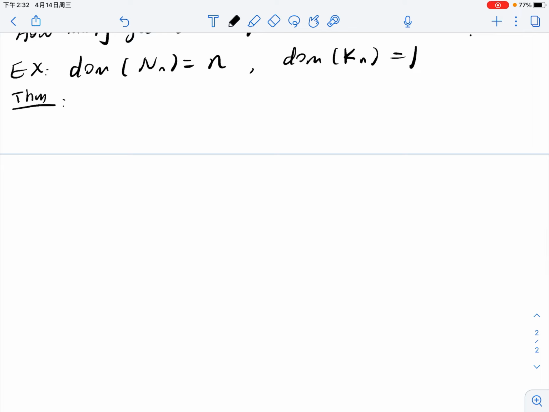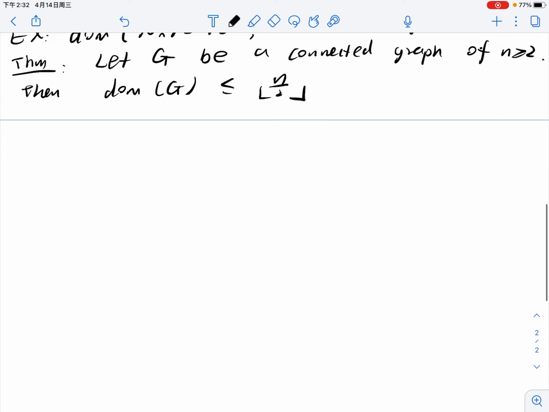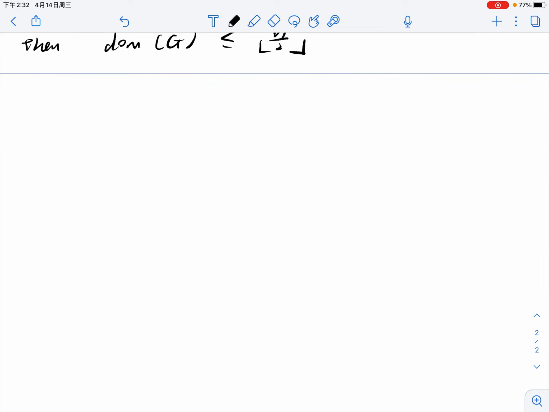And here's a theorem which says that if G is a connected graph of order n greater than or equal to 2, then the dominating number of G is less than or equal to the floor of n over 2.